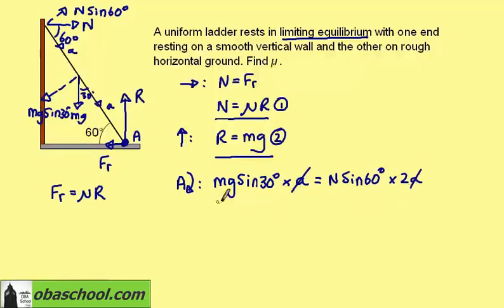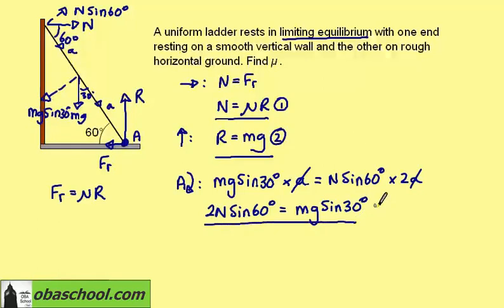The A's cancel, and this gives us that 2N times the sine of 60 degrees is equal to mg times the sine of 30 degrees. Let's call this equation 3.